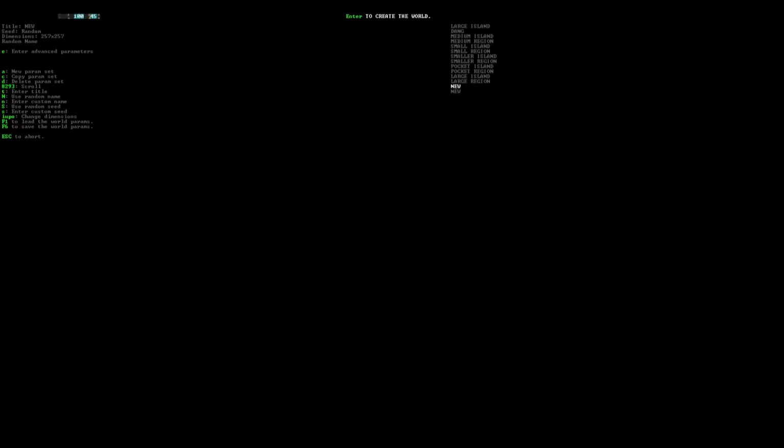I set up a whole new one. I copy it from one and then just set it up. And then what you're gonna do is hit it. All these parameters are the parameters that you would get with just the default world generation. What we're gonna do is go into the editor a little bit more and change things.